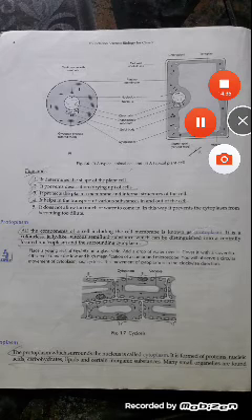Now, let us discuss the functions of Golgi bodies. So far as function is concerned, the first point is that Golgi body stores, modifies, packages and condenses the proteins synthesized in the ribosomes.